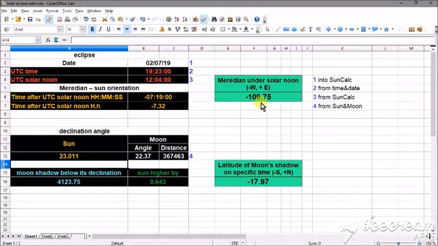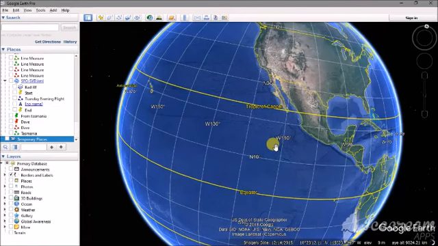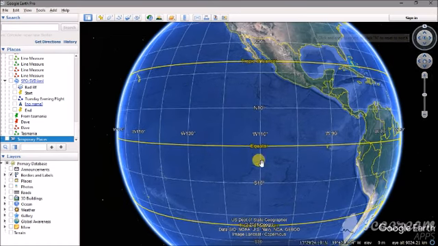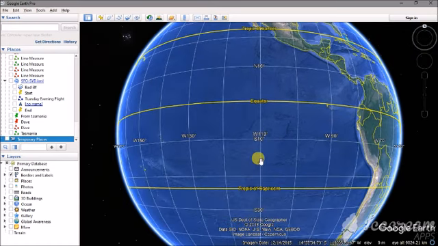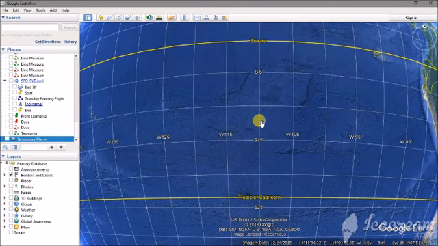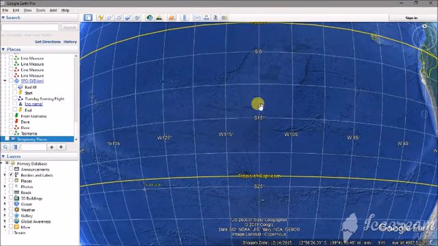Let's have a look. Let's say minus 110 and minus 18, just for simplicity. So here's minus 110. This is the longitude line, minus 110. We'll go down until it's minus 18. I think, yeah, it's around this point.